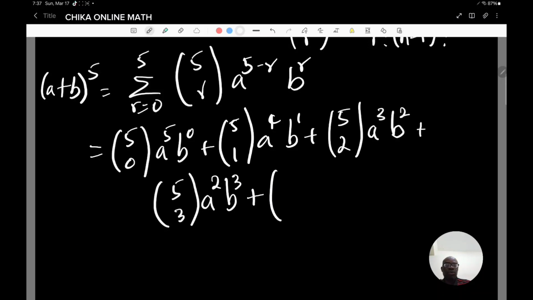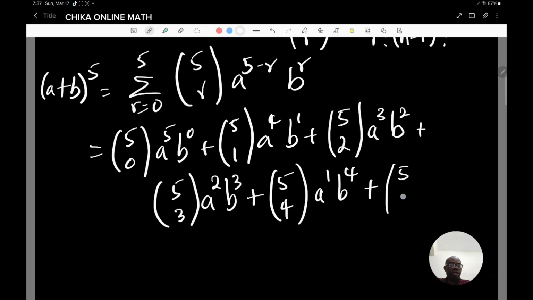Plus r equal to 4, so we have 5 combination 4, then a to power 5 minus 4, which is 1, and b to power r, which is 4. Plus, the last one is r equal to 5, so we have 5 combination 5, a to power 5 minus 5, which is 0, b to power r, which is 5.